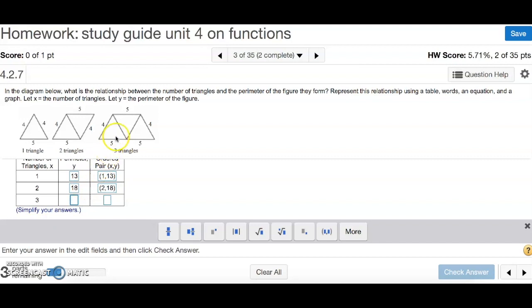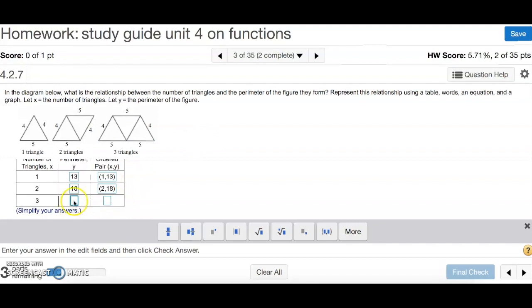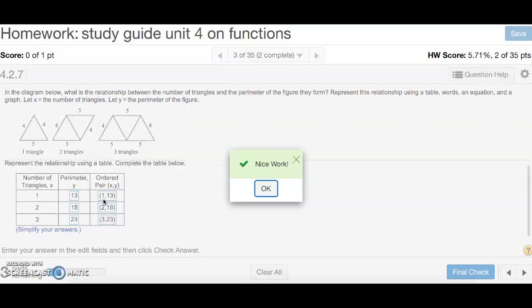And for the last one, 5, 10, 15, plus 8 will be 23. So type in 23. And then parenthesis, 3, comma 23, parenthesis.